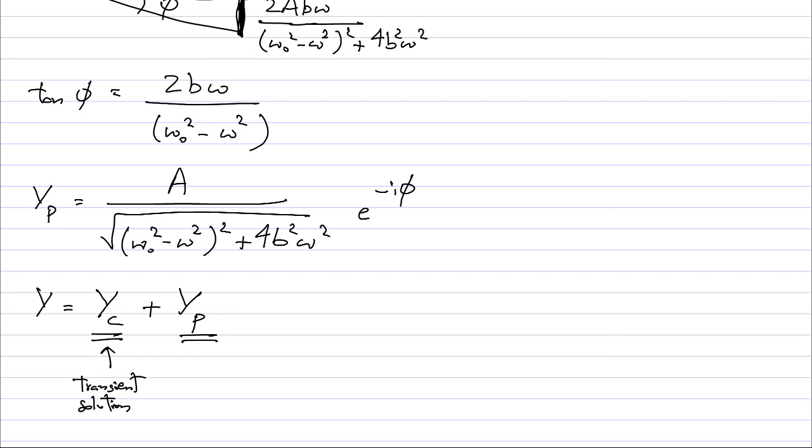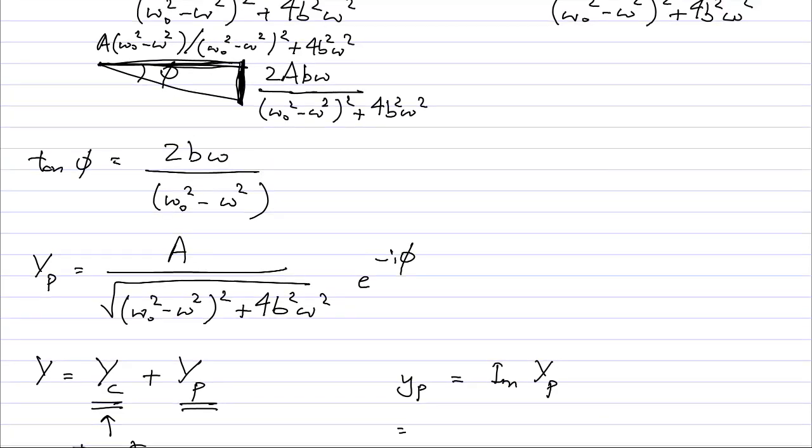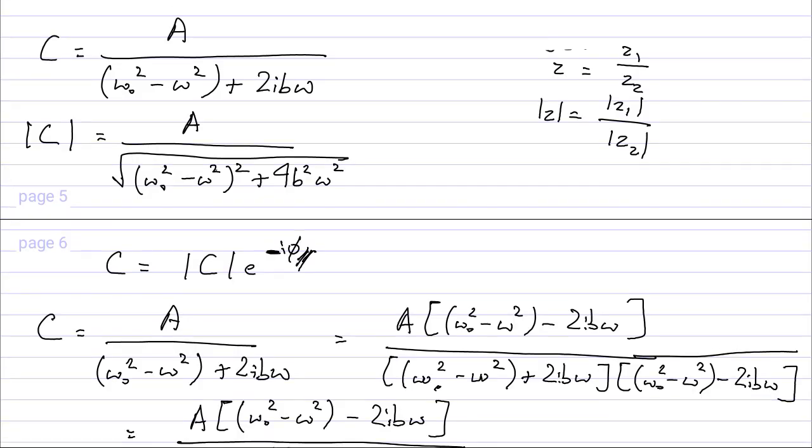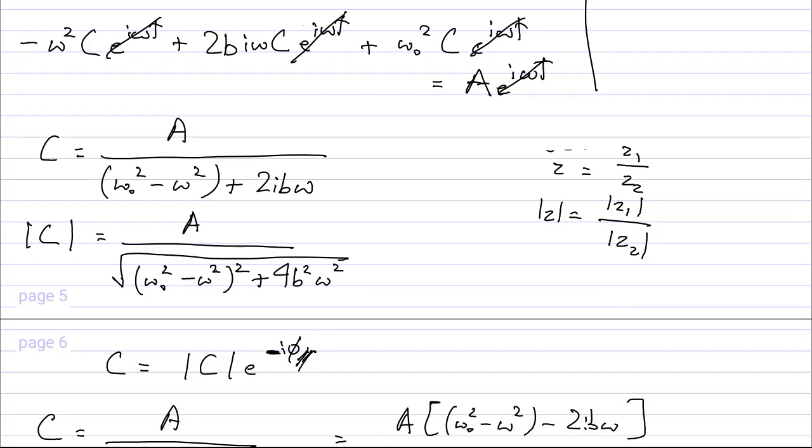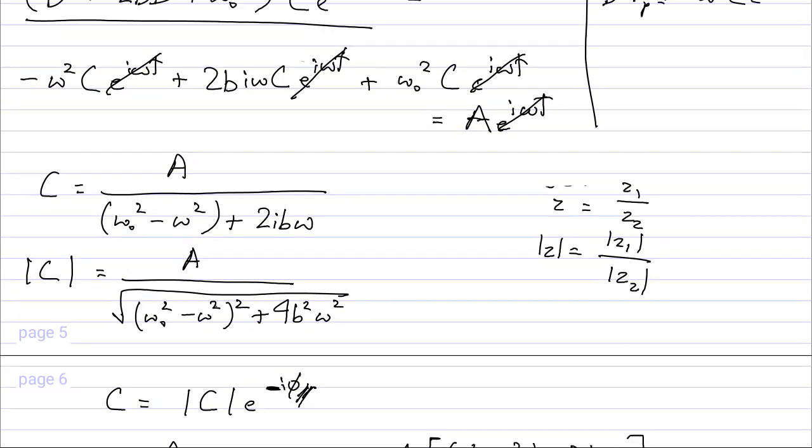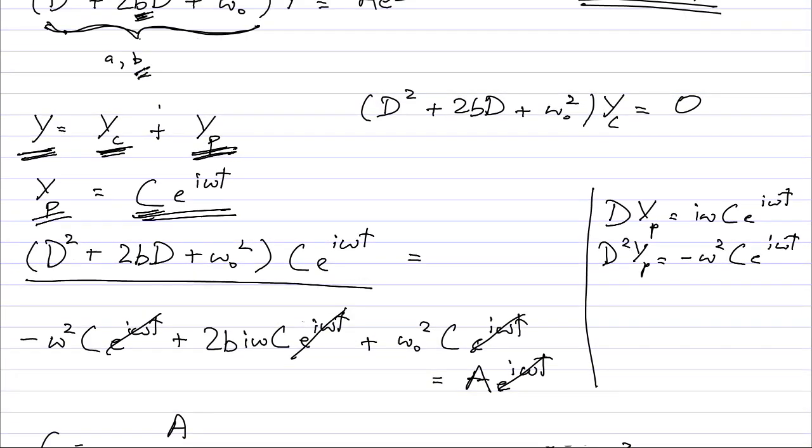The solution to y due to driving is given by the imaginary part of capital Yp. This is easy to write down because this is simply given by this thing over here.